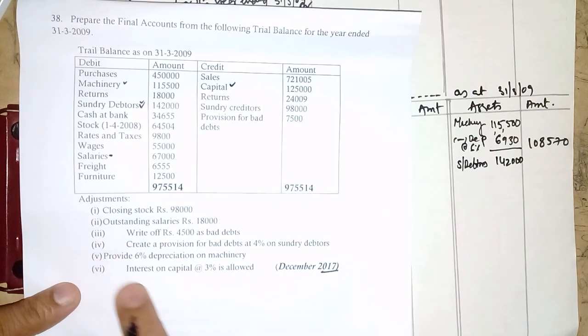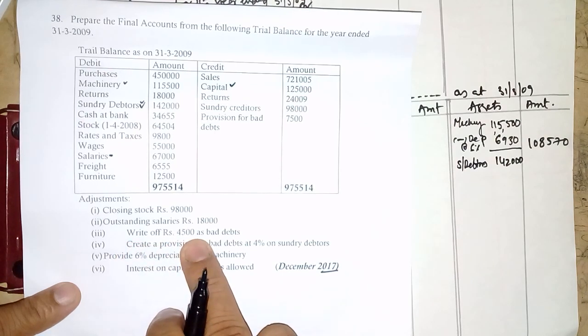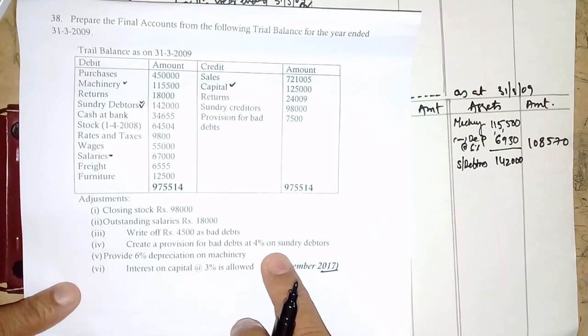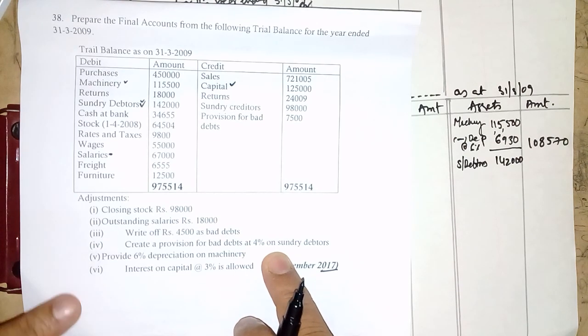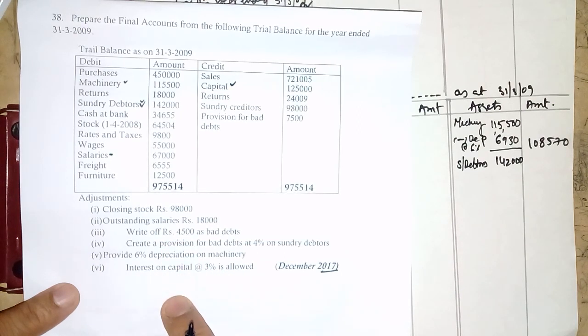The adjustment one is write off 4,500 as bad debt and create a provision. Always bear in mind the maximum we can find three adjustments on debtors. One is write off bad debts, then create provision for doubtful debts, and the third one is create provision for discount on debtors. And always bear in mind we must follow the procedure.